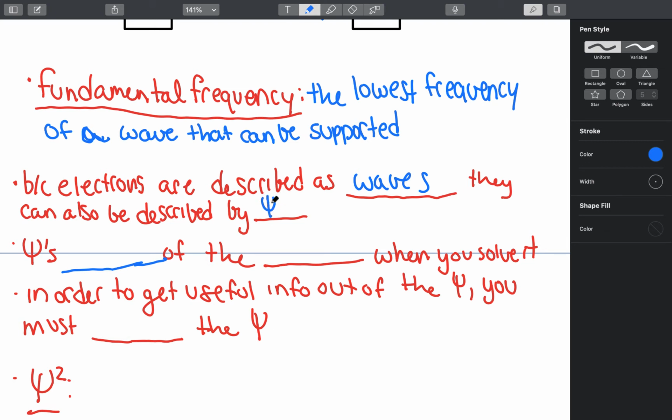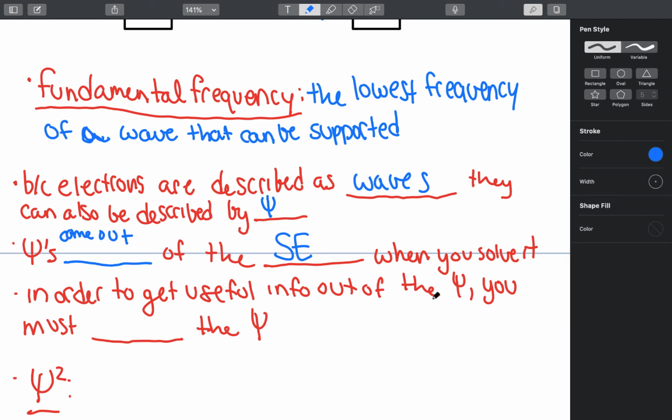And remember that wave functions basically come out of the Schrödinger equation when you solve it. We already talked about this earlier in the video. So wave functions are these functions that come out of the Schrödinger equation when you solve it.